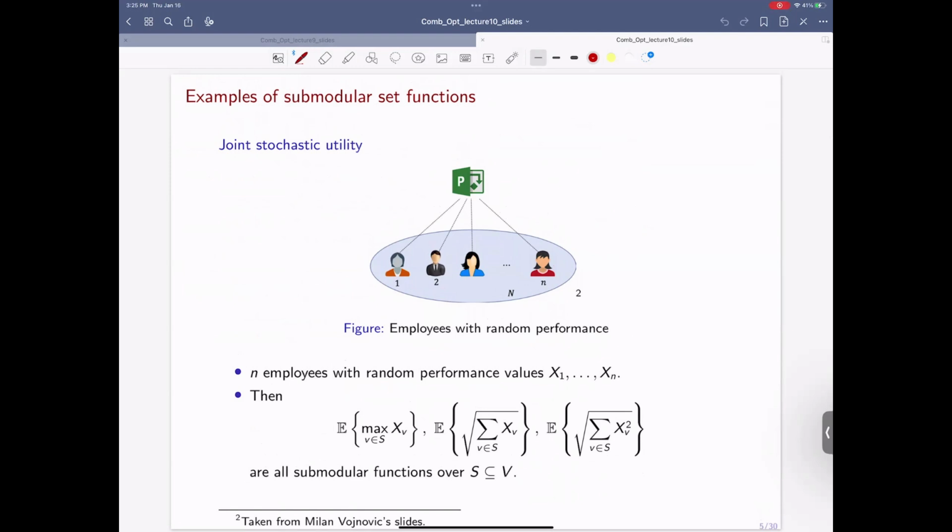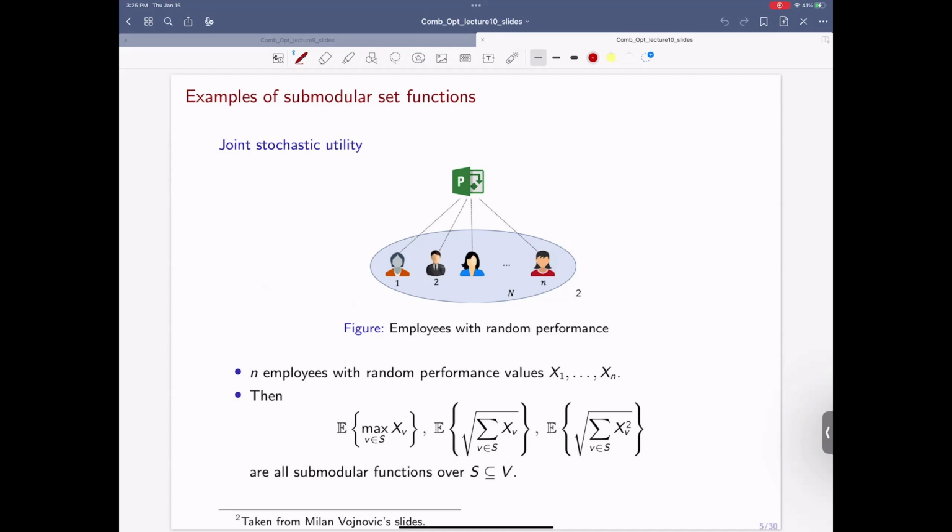Maybe I have a budget or a limited number of positions. I hire a team of employees so as to maximize a certain group utility. It's not the simple summation of their values, but some nonlinear quantity.